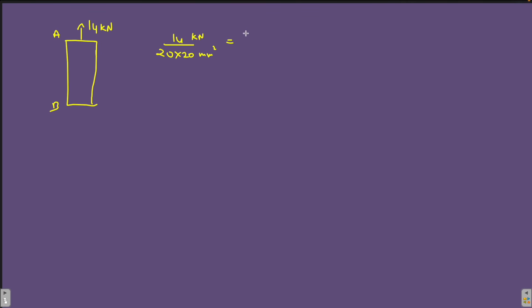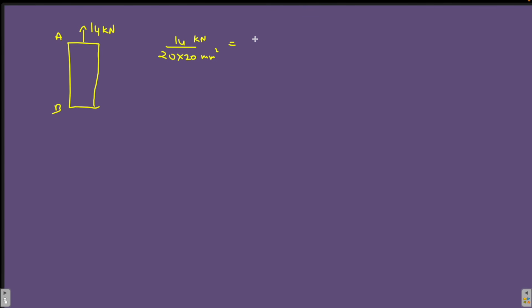So it is kilonewton per millimeter square. This will be 14 into 10 to the power 3 newton, and this is 20 into 20 millimeter square. Newton per millimeter square is megapascals.